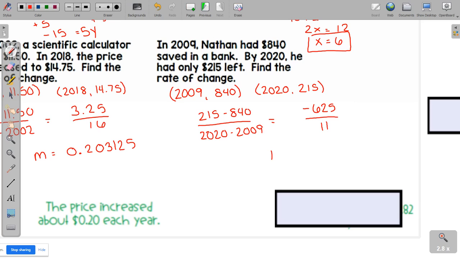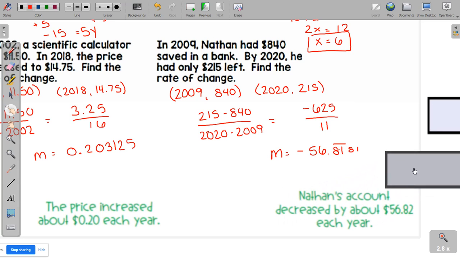When you divide that, you get your slope to be negative 56.81 repeating. So what this means is Nathan's account decreased by about $56.82 because we round up each year.